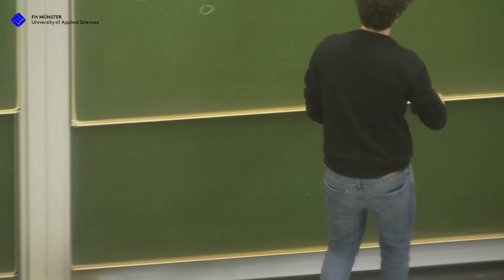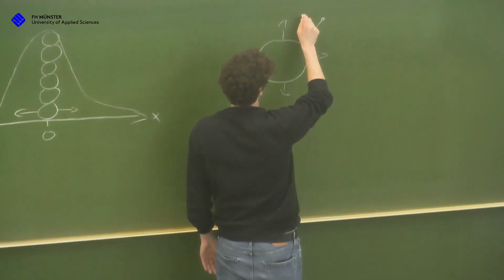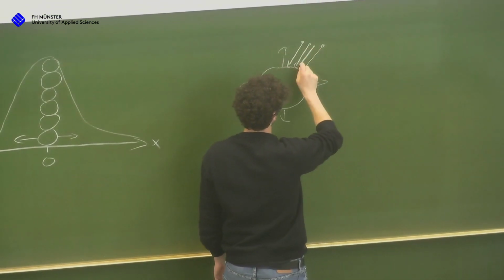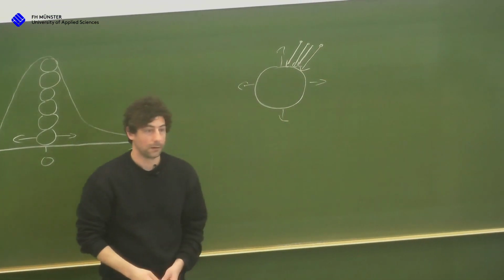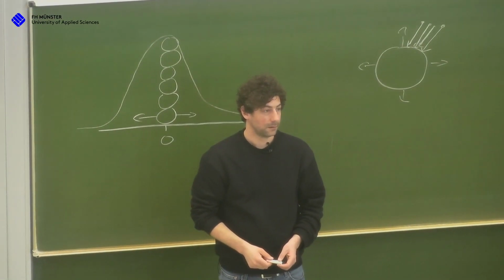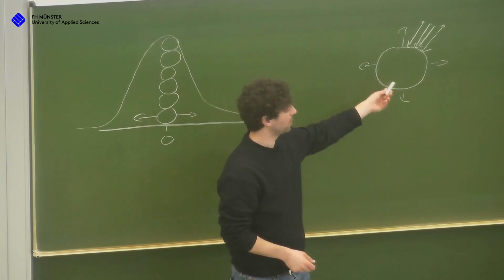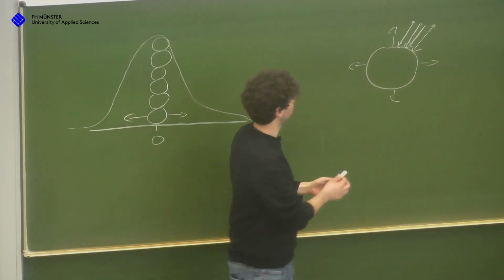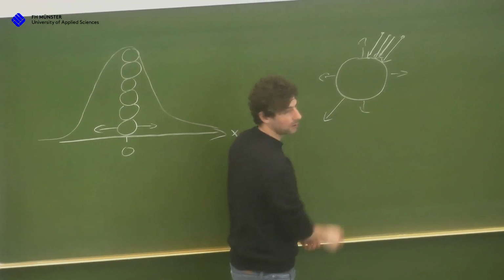And if a lot of molecules, we have to be very precise, would do this, what would my particle do then? According to this picture, what would the particle do, probably? Yeah, it would move in this direction, right?